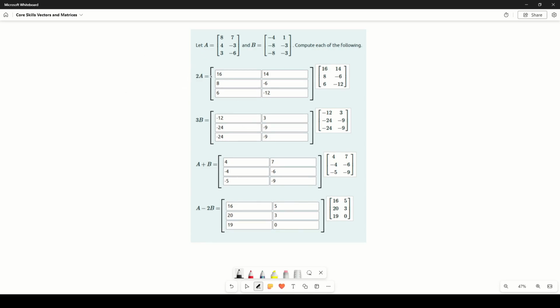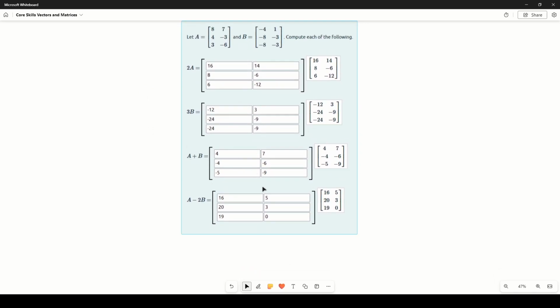So for 2A, all we're going to do is multiply each of the values in A by 2. So we can see we've multiplied them all by 2. And for 3B, we're going to do the same thing. We're going to multiply all of the values in B by 3. So 3 times minus 4 is minus 12, 3 times 1 is 3, and so on.